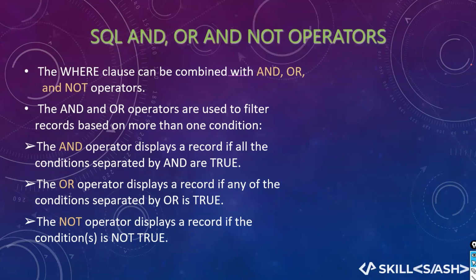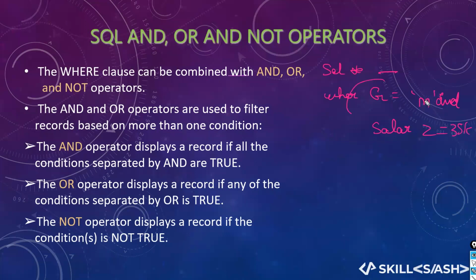Guys, very important operators. Usually in the industry, we encounter multiple conditions. Okay. For example, select star from that employee table where the first condition is gender should be male, let's say, and another condition should be, let's say, salary should be greater than or equal to 35K.